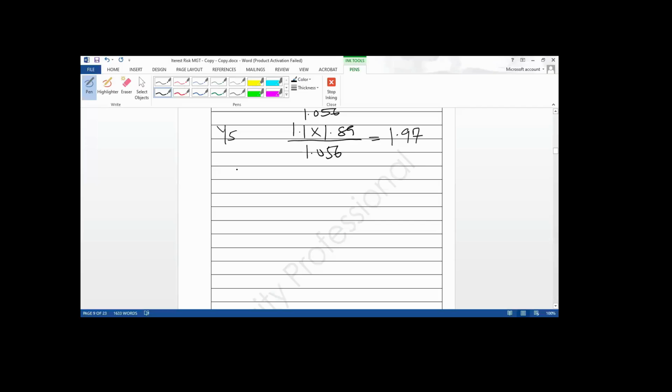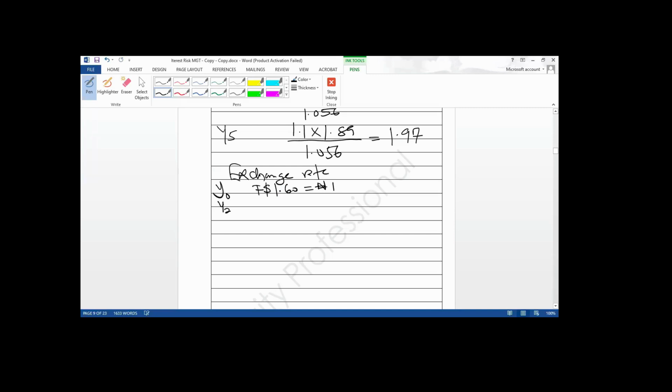Exchange rates, to just do a summary: year 0, F dollar 1.60 is equal to 1 naira.